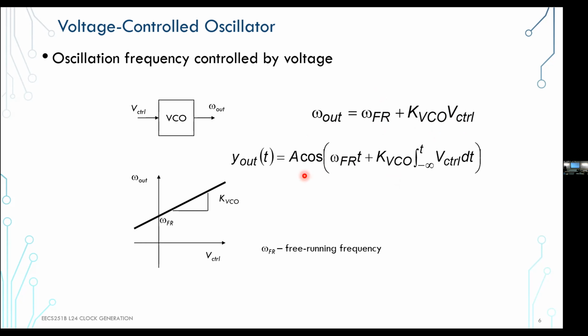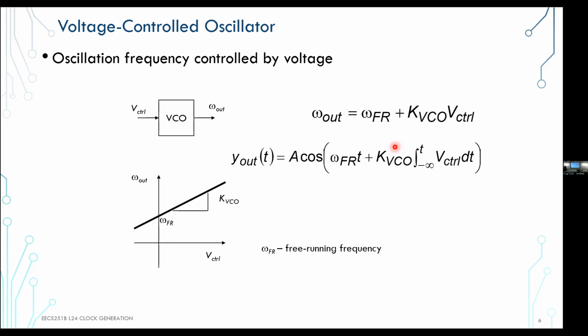And so your output is really some amplitude cosine, or it could be a collection of cosines, like in a ring oscillator we're going to see later. You don't quite get the cosine, you get a pulse train. But the base fundamental frequency of that is going to be essentially what we're tuning.